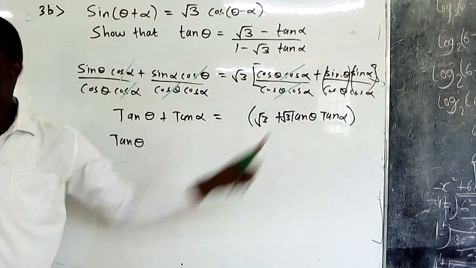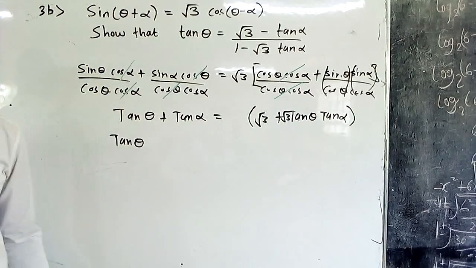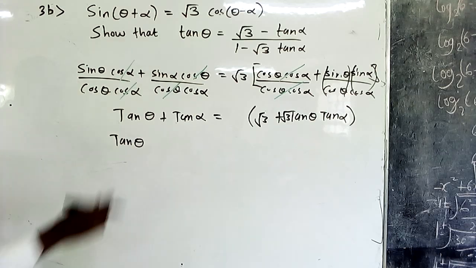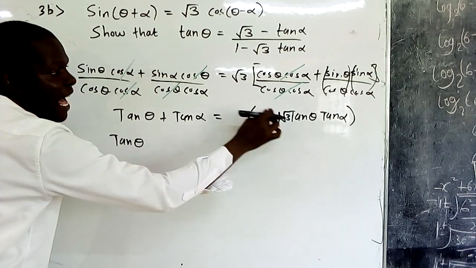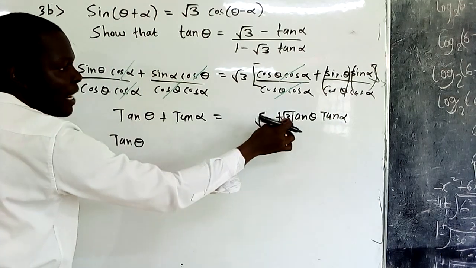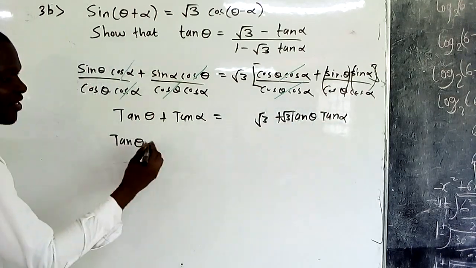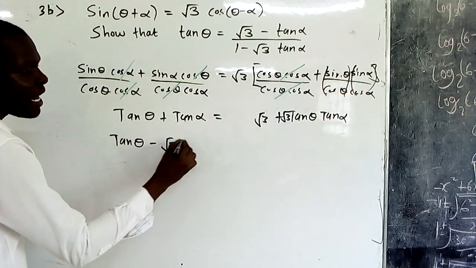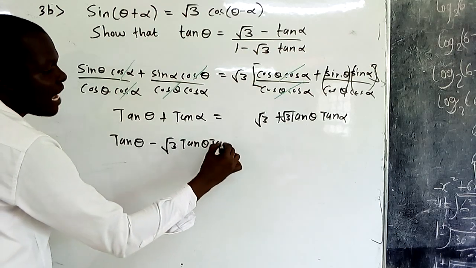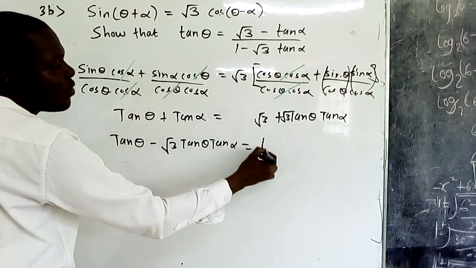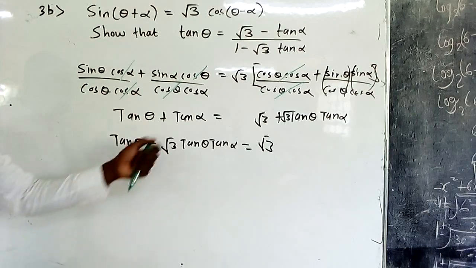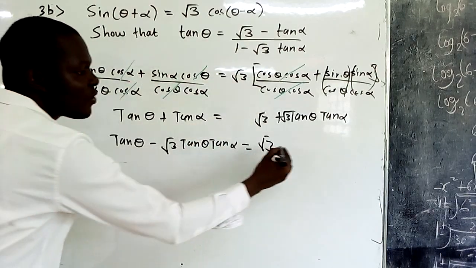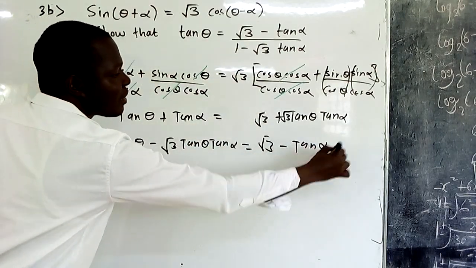So you've taken √3 inside the bracket, isn't it? So can you now collect terms with tan θ? Here we have tan θ, so plus, remember this bracket is no longer there, plus √3 tan θ tan α coming this side, it becomes minus √3 tan θ tan α. Then the other side will remain with √3, isn't it? Then plus tan α going the other side of the equation, you have minus tan α.